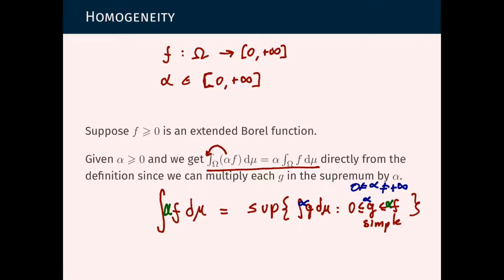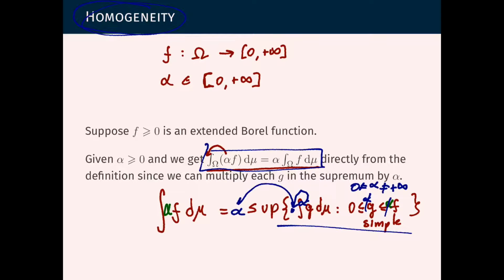So alpha g less than alpha f is the same as g less than f, and this alpha goes out because we have already proved homogeneity for simple functions. So this alpha will come out here, and when we multiply a set by alpha, the supremum of that set also gets multiplied by alpha. So you get the alpha here in the end, which is what we had to prove.